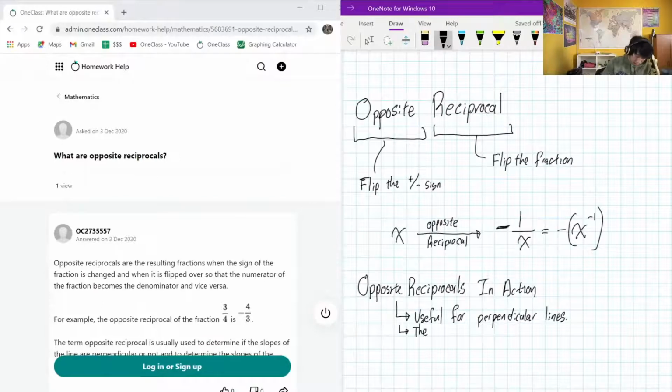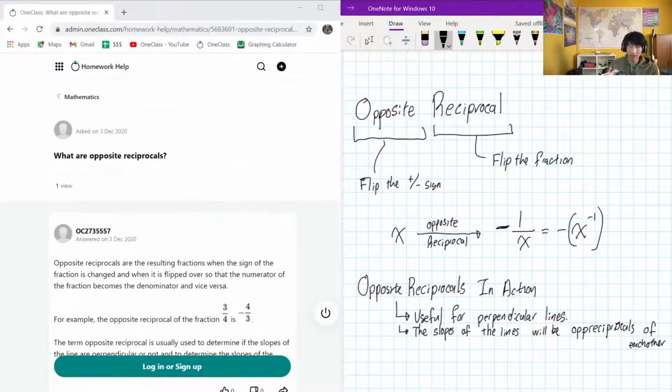The slope of the lines will be opposite reciprocals of each other.